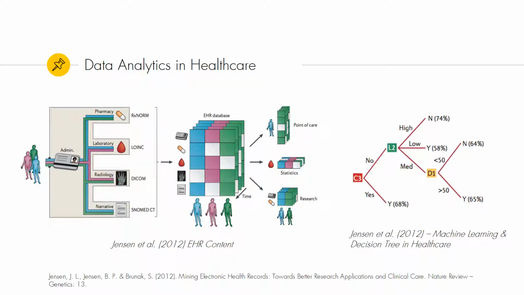There will be many more sources where you can get data, and after extraction, data will go through the transformation and loading process, where it will be cleansed and ready for analytics for different purposes, such as point of care, statistics, and medical research.